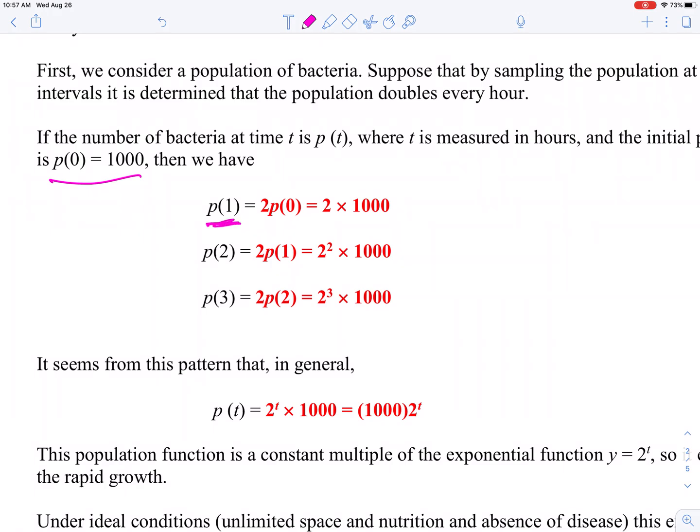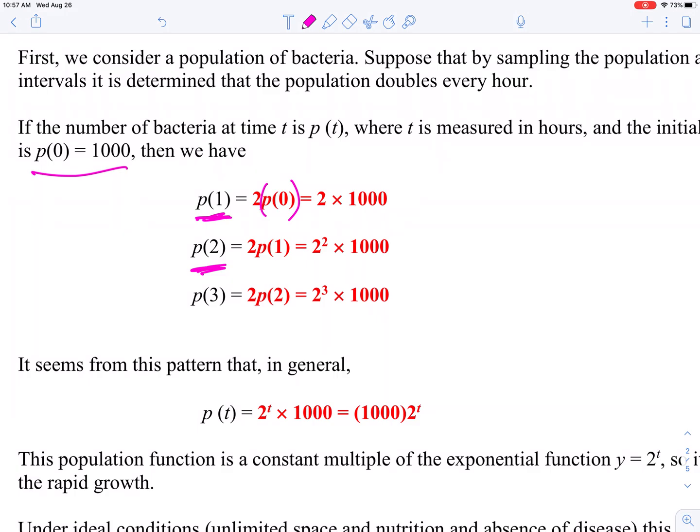P of 1 means 1 hour later, which means double the original population, 2 times the original population, which of course we can rewrite as 2 times 1,000. If we want to see the population at hour 2, we double the previous, so double p of 1, which would be 2 squared times 1,000, right?